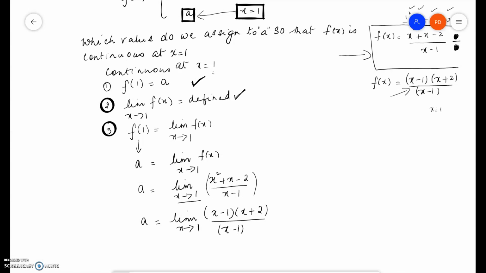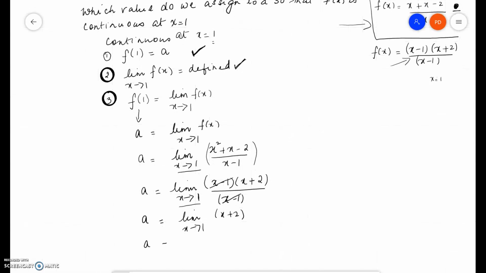So x gets closer and closer to 1 from the left and from the right. Since x minus 1 is not equal to 0 and x is approaching 1, we are allowed to cancel the factor x minus 1 in the numerator and the denominator. So a is equal to the limit as x approaches 1 of x plus 2.